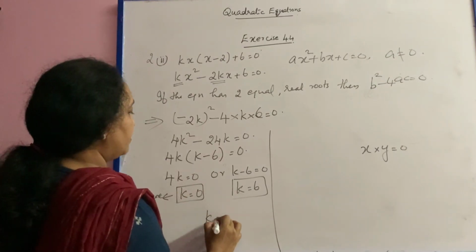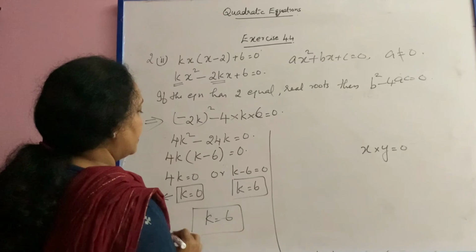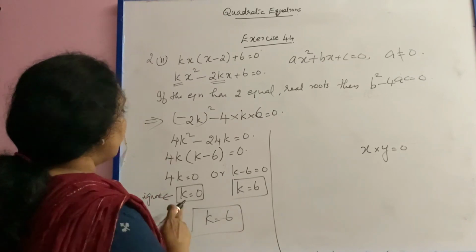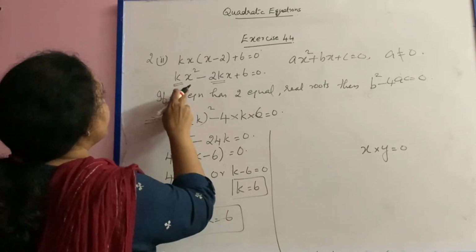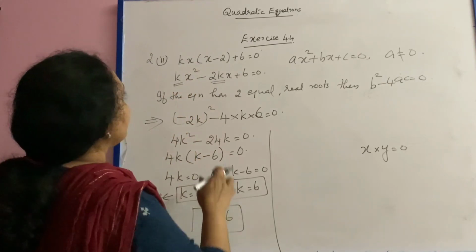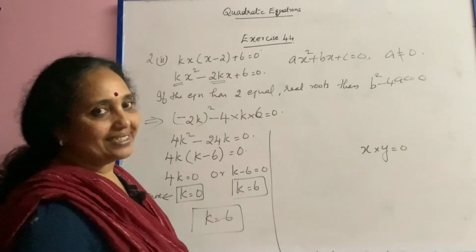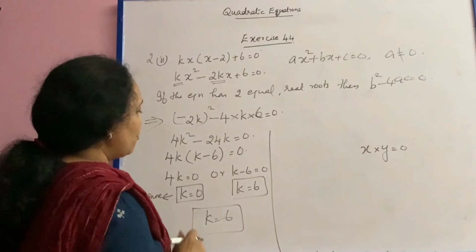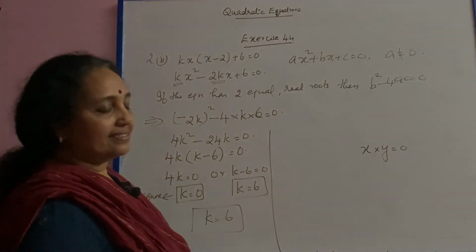That means k is equal to 6. Because if k is equal to 0, then this term becomes 0 and the equation turns into another equation. So the value of k is 6 here.